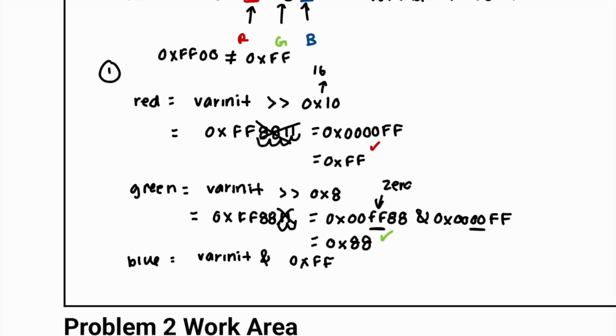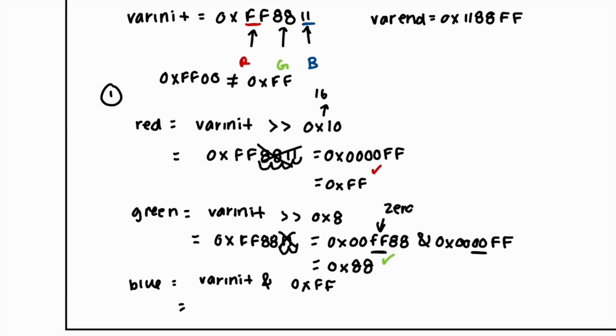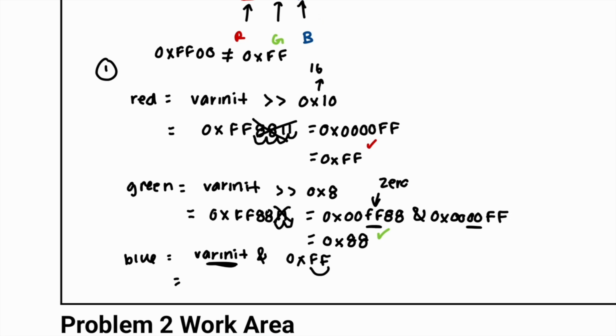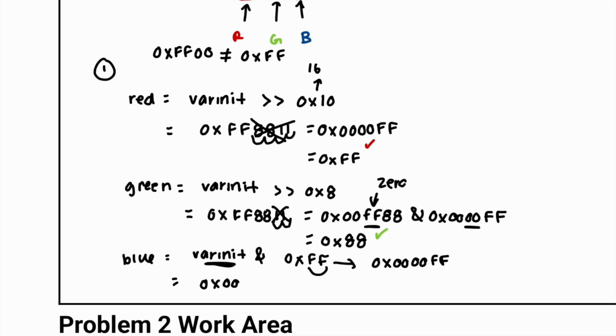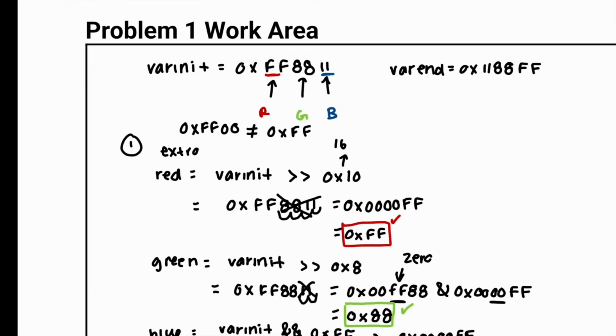And what that does is when you do a number and F, like var init and F, for those last 4 bits, it will keep the value of the last 4 bits over in this number, but then it will zero everything out because this 0xFF is an implicit 0x0000FF. So then this will just become 0x0000. Now that we've extracted our bits, let's go on to getting to our var end.